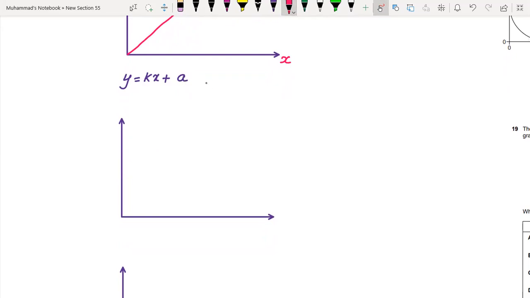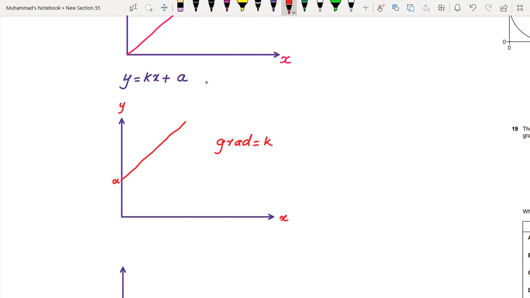So the graph between y and x will be a straight line with some y-intercept a, and its gradient will be k. On the x-axis you have x and here you have y.